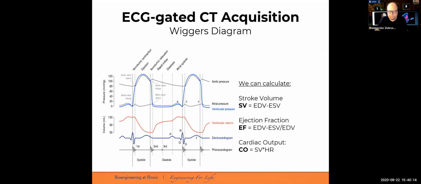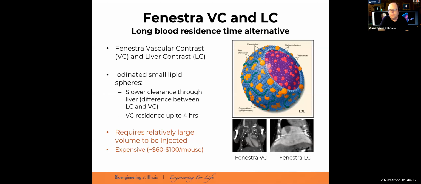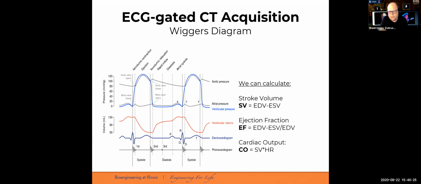Using this Fenestra VC, we did some interesting studies, and I would like to share them with you. I don't know how much you know about heart physiology, but for example, let's look at something called ejection fraction.